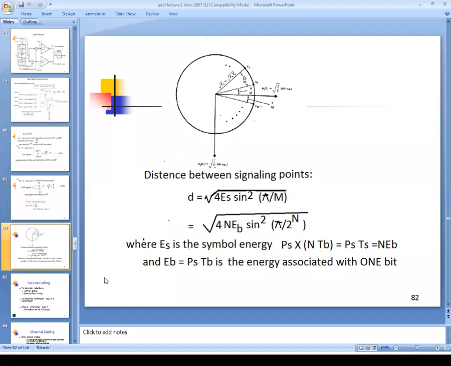So this equation is known as the Euclidean distance between any two subsequent signaling points: first point to second point, second to third, third to fourth, likewise. The signaling vectors are arranged depending upon the M value.